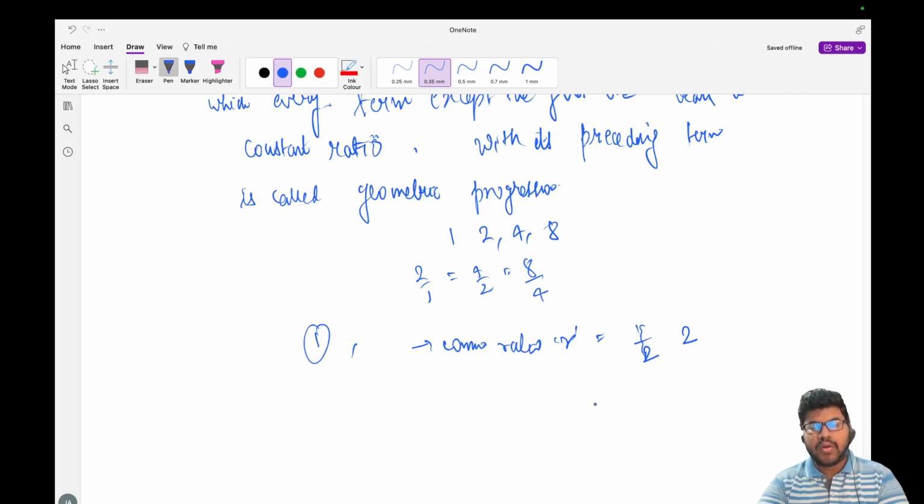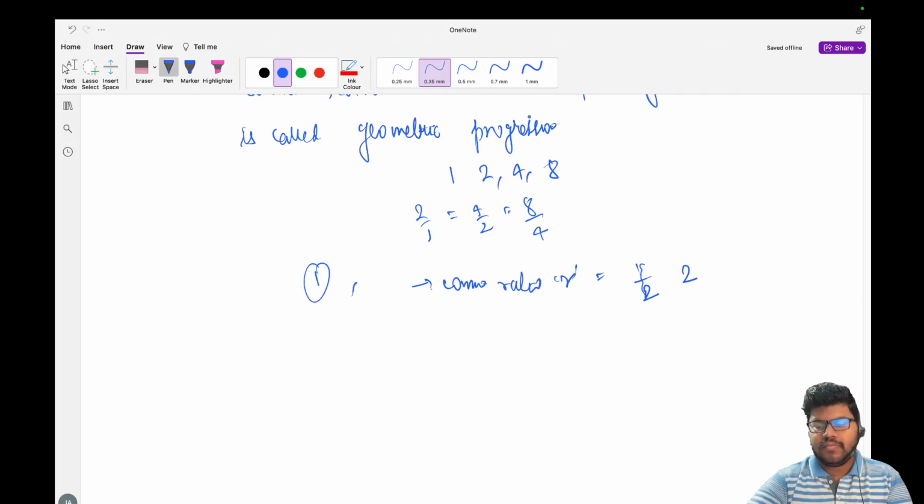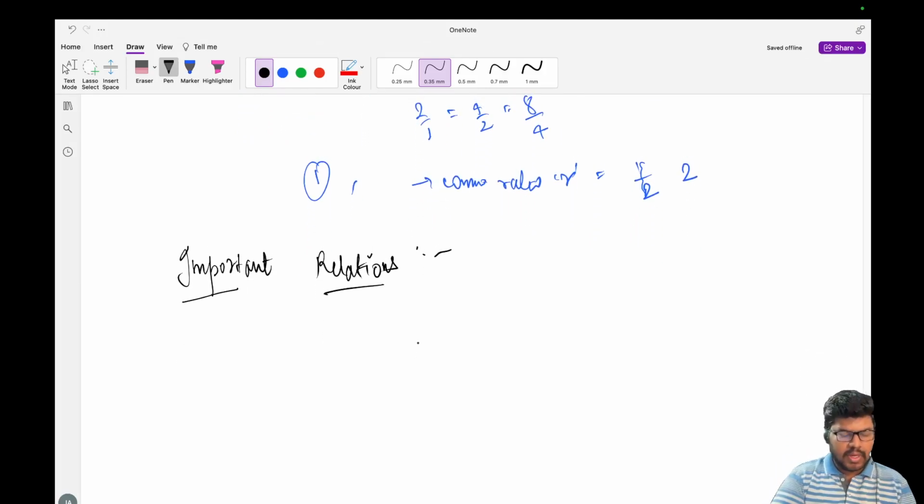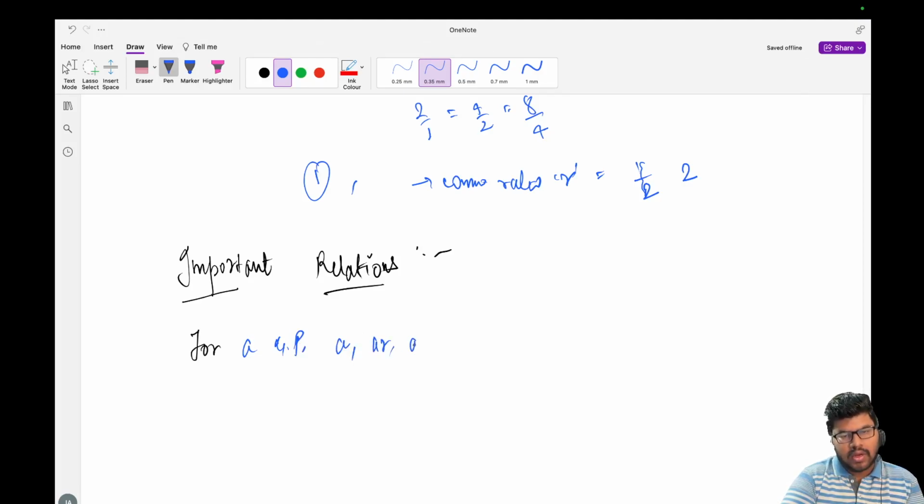Now, let us see some important relations. For a GP or geometric progression, a, ar, ar square up to ar^(n-1), right?